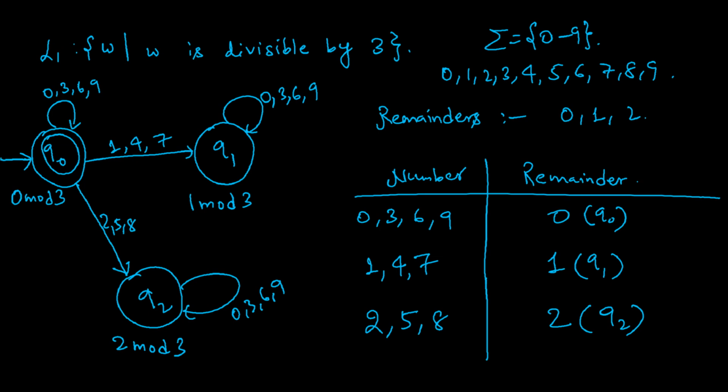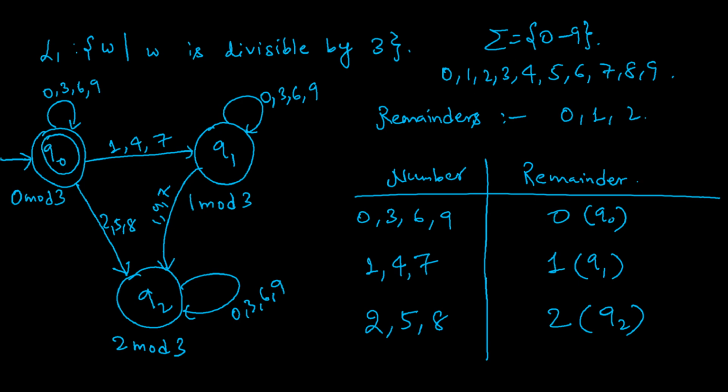When it is 1 of 1, 4 or 7. So from Q1 you will go to Q2 on seeing 1, 4 or 7. What about when you are at Q1, and you see 2 or 5 or 8?